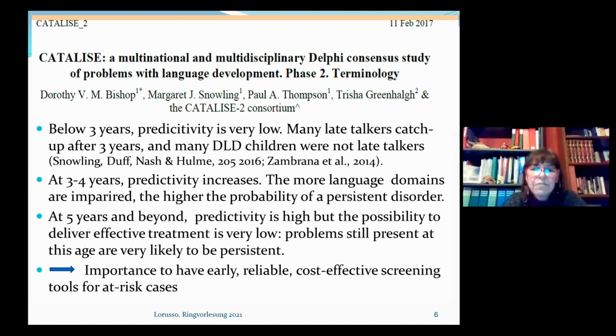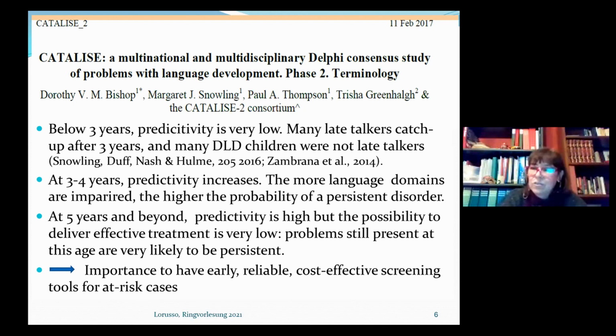It is only at 5 years of age and beyond that predictivity is finally high. But at this time, the possibility to deliver effective treatment is very low. So the problems that you detect at 5 years of age are very likely to be persistent, meaning also that they are likely to be resistant to treatment.